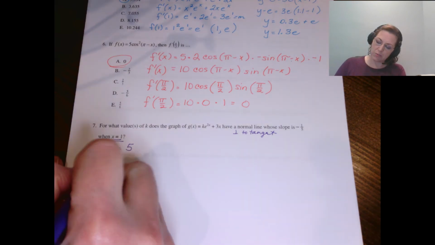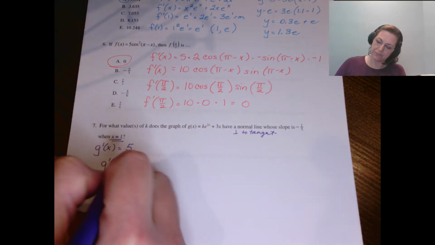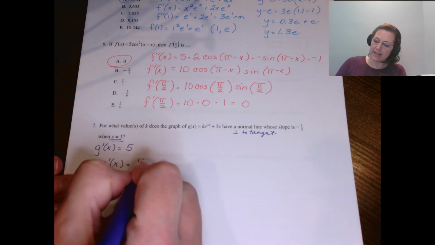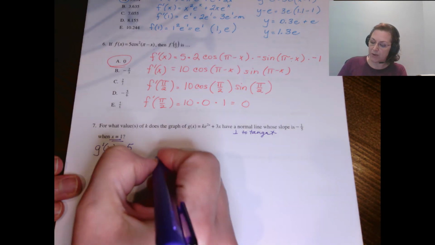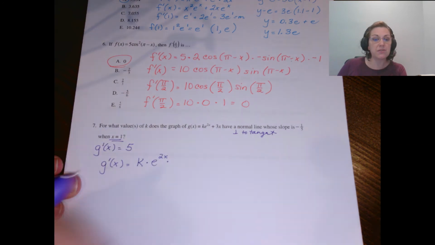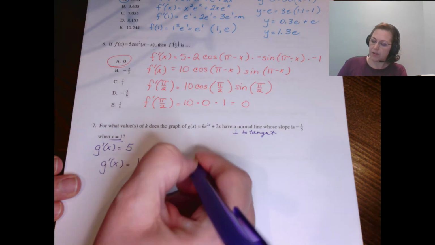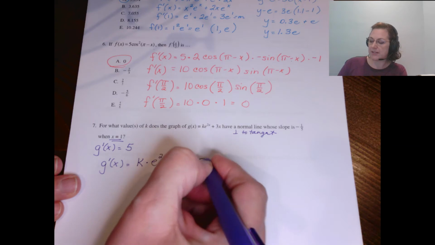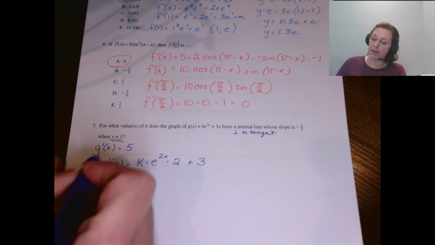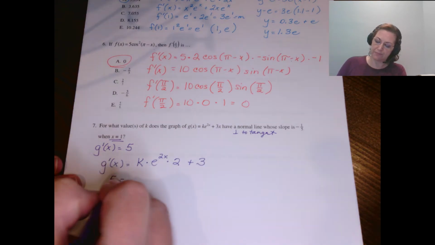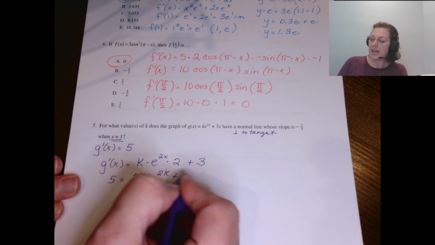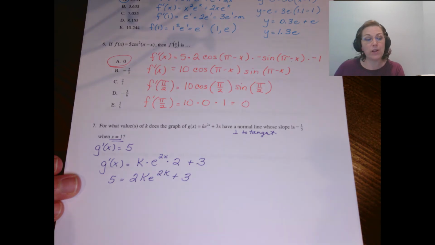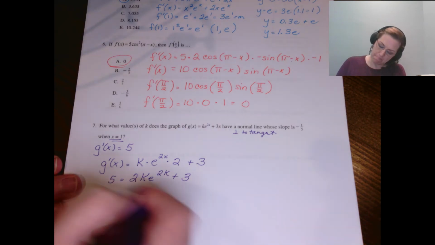So let's take the derivative of our function. k times derivative of e to the 2x is going to be e to the 2x times the derivative of 2x, which is 2, plus derivative of 3x is 3. Now we're going to set this equal to 5. And we're going to make x 1 at the same time.